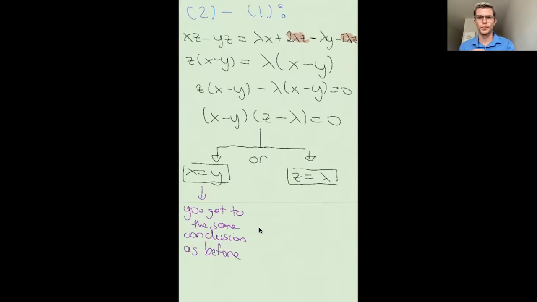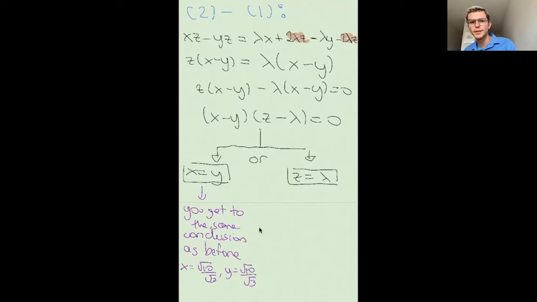Which was that x was root of 10 over root of 3, and y was root of 10 over root of 3. So the only other thing you have to think about is whether you get something interesting from the other option, that lambda equals z.